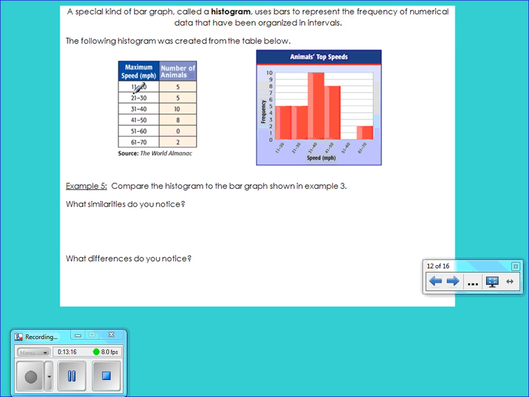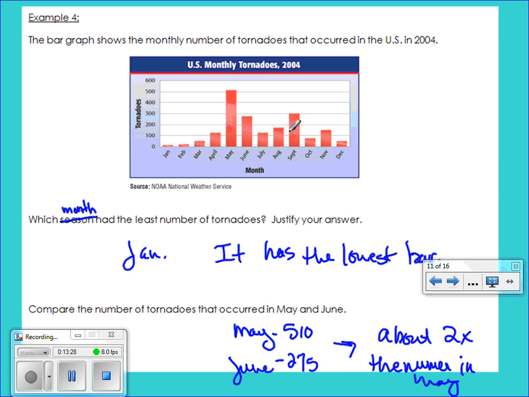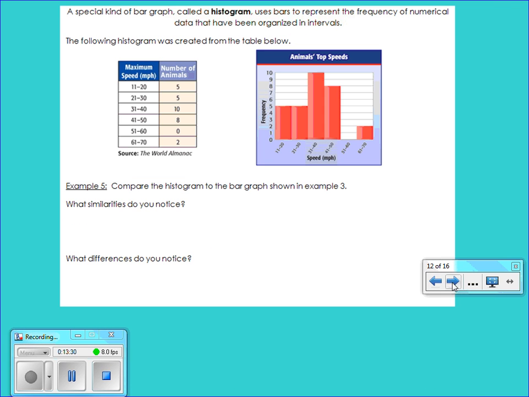And how many have a speed between 21 and 30? How many between 31 and 40, etc. Okay? So if we look at this histogram and this bar graph, what kind of differences do you see between histograms and bar graphs? The bars are connected in histograms. Okay? So bars are connected.